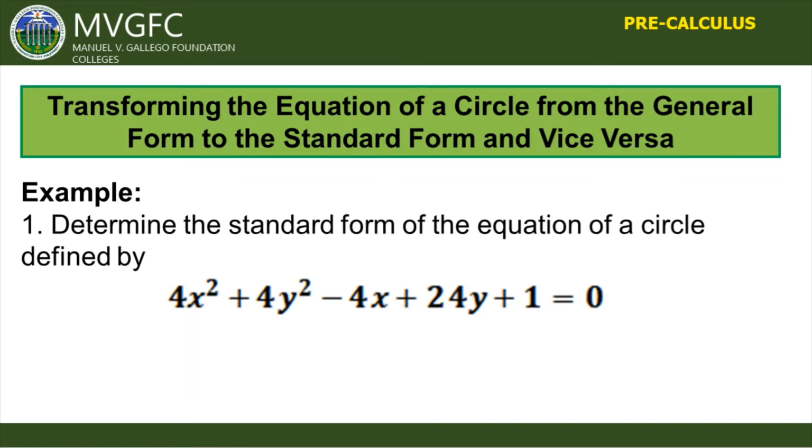So please recall the technique of completing the square, which was introduced to you in grade 8. Okay? For our example, we have to determine the standard form of the equation of a circle that is defined by 4x squared plus 4y squared minus 4x plus 24y plus 1 is equal to 0.